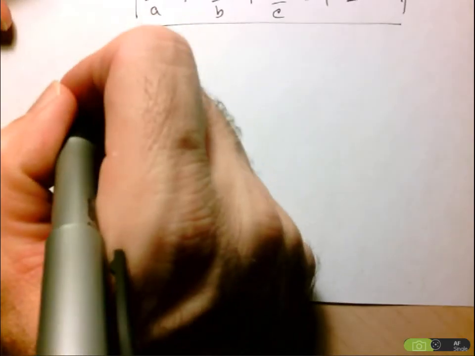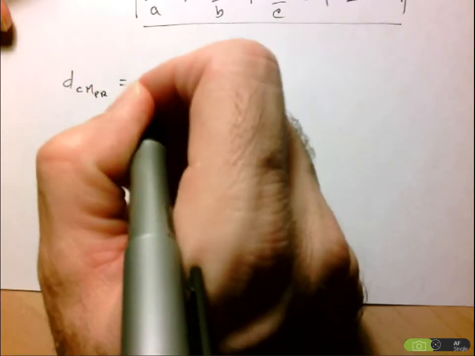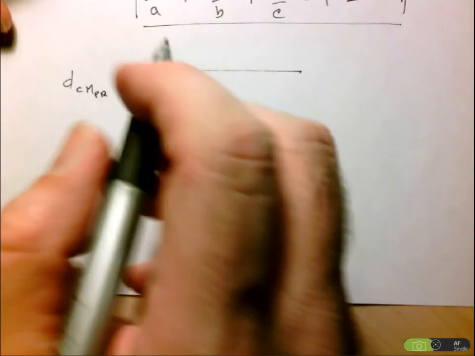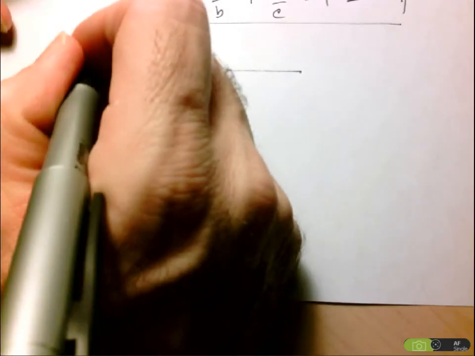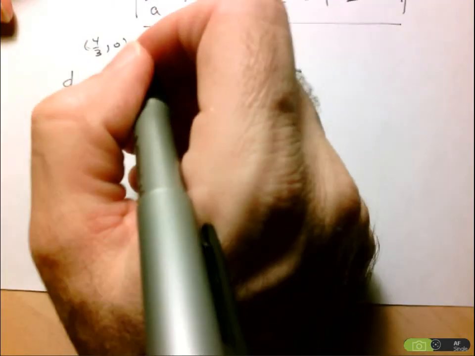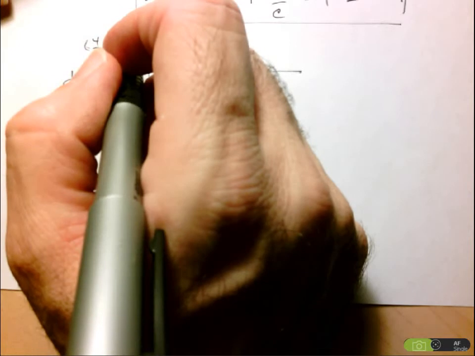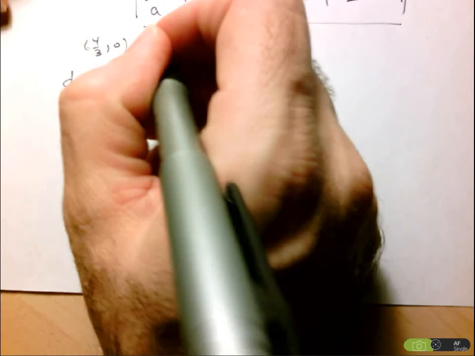Now we have to find the distance between the centroid and the midpoint. So I'll just finish this off here on this other sheet of paper. I'm going to find the distance between the centroid and the midpoint PR. Let's recall that the centroid was given by 4/3, 0, and the midpoint for PR was just 0, 2.